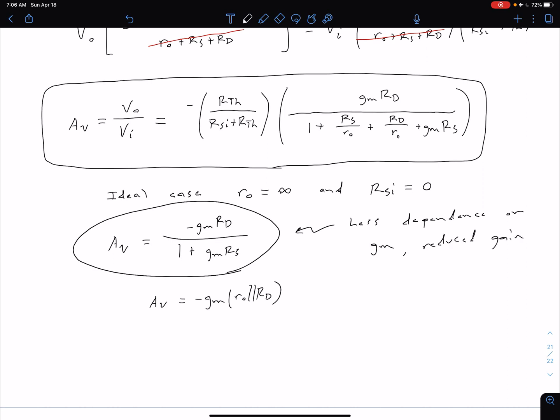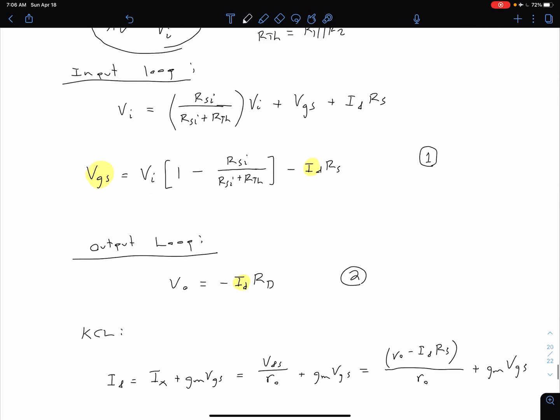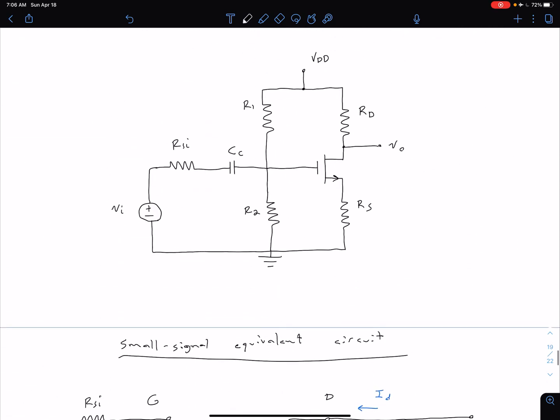Just like we saw with our common emitter circuit with our BJTs, one thing that we can do is we can implement a bypass capacitor. So if we have a bypass capacitor, we can come up here and we can have a capacitor that bypasses all or part of our RS.